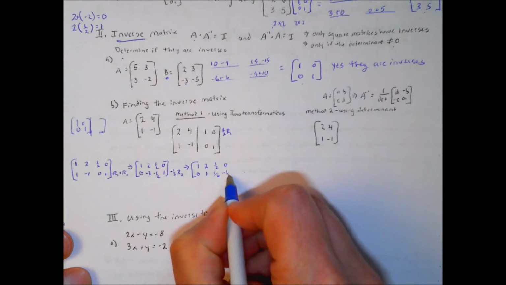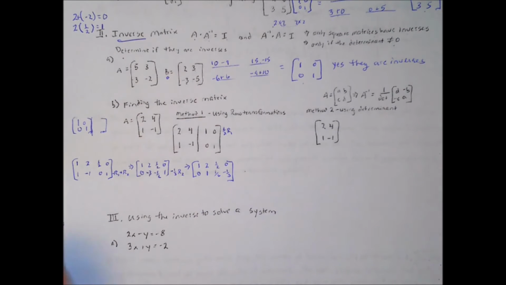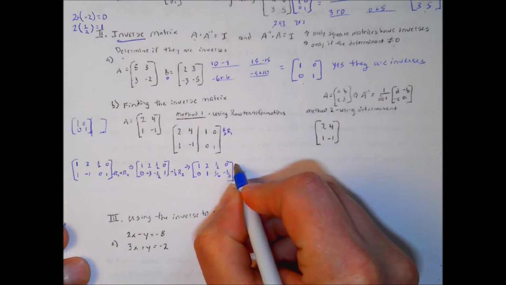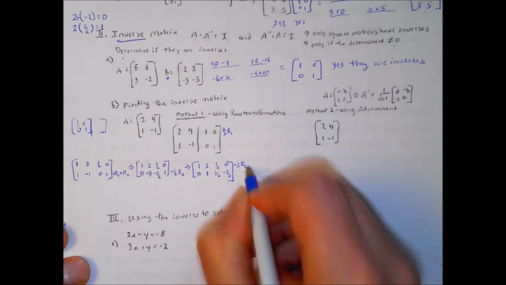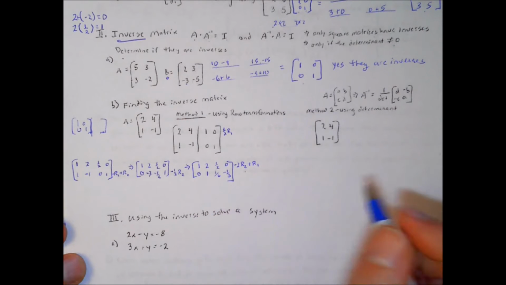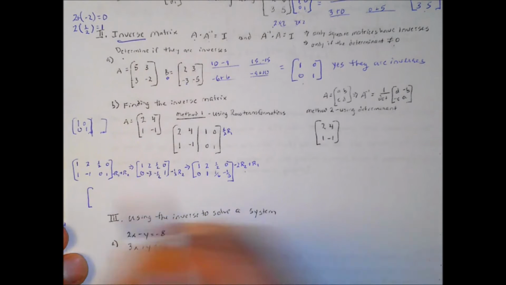Okay, now I need to get a 0 up here. So I'm going to take negative 2 times row 2 and add it to row 1. So negative 2 times 0 is 0, plus 1 is 1.